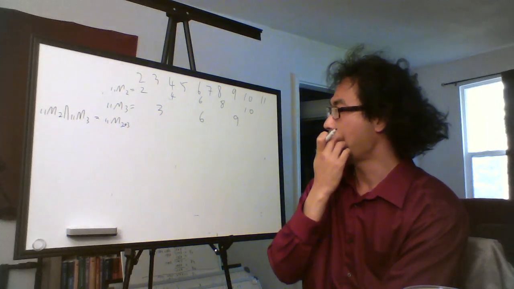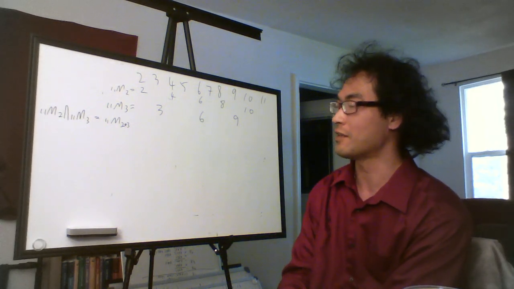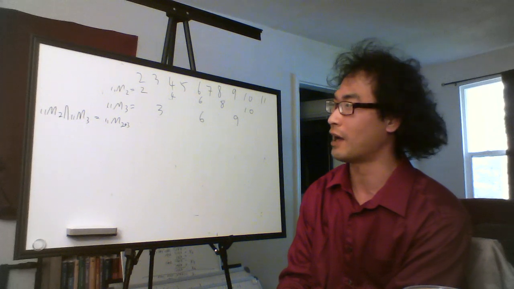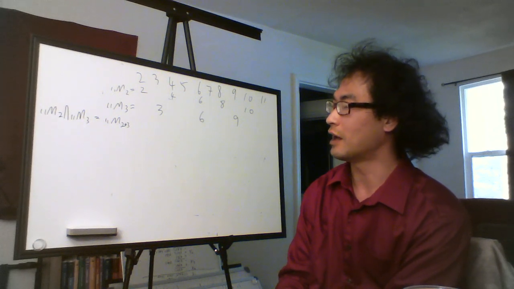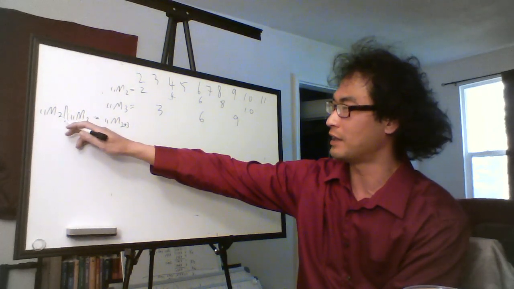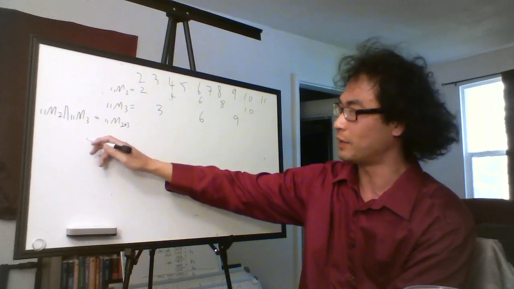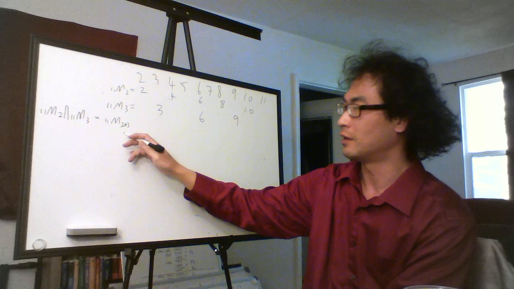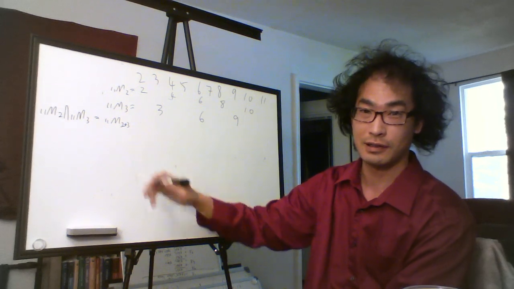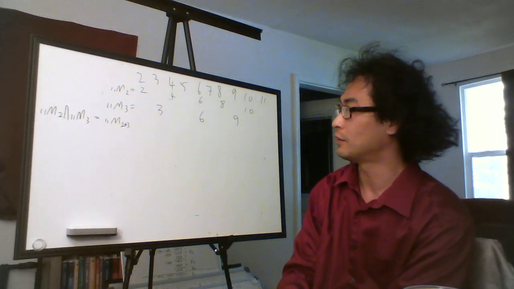Because in set theory, set algebra, intersection behaves very much like multiplication, and union behaves very much like addition. So we have that.